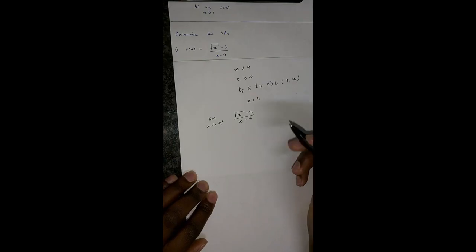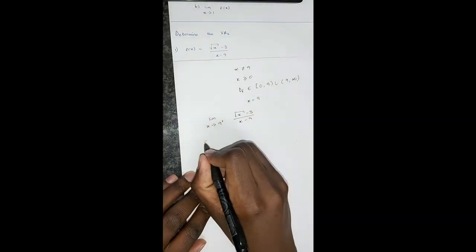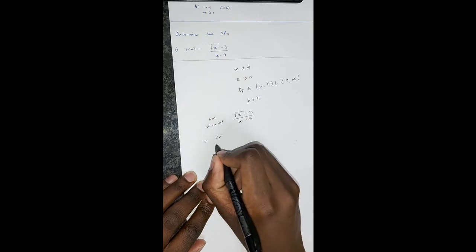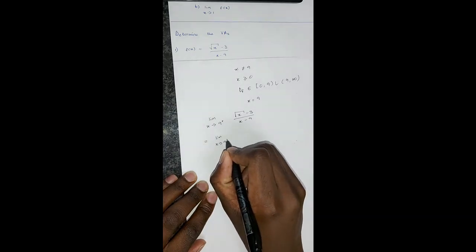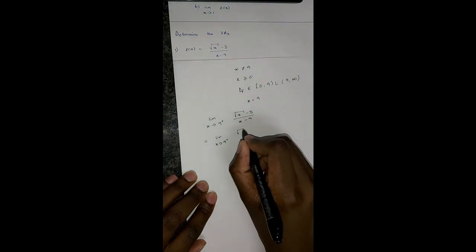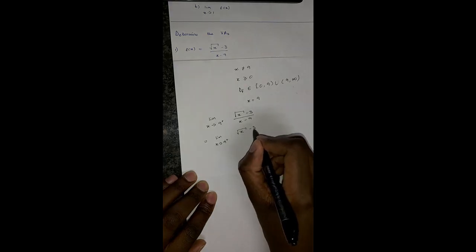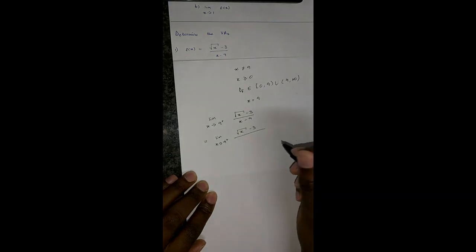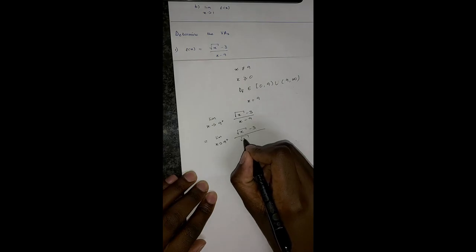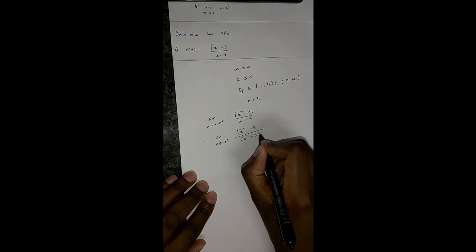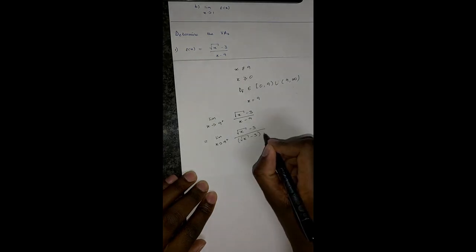So now we need to factorize. With this one, we're going to say limit as x approaches 9 from the positive, and the numerator remains as it is, and then the denominator, this can be root of x minus 3 times root of x plus 3.